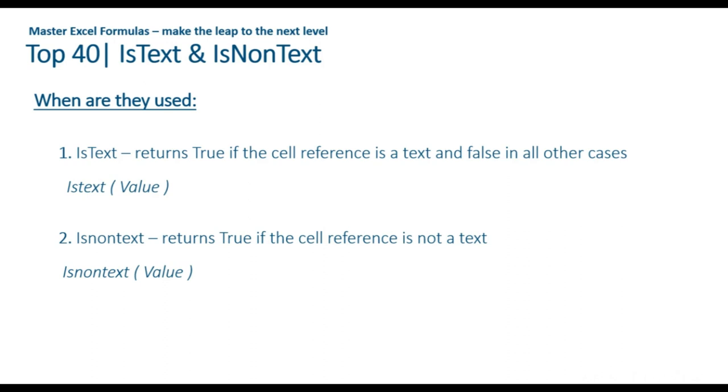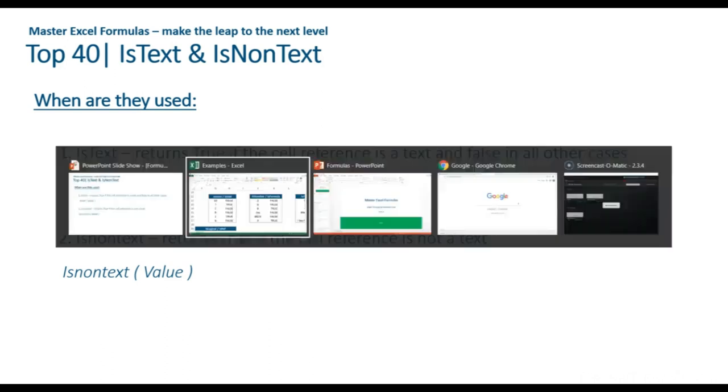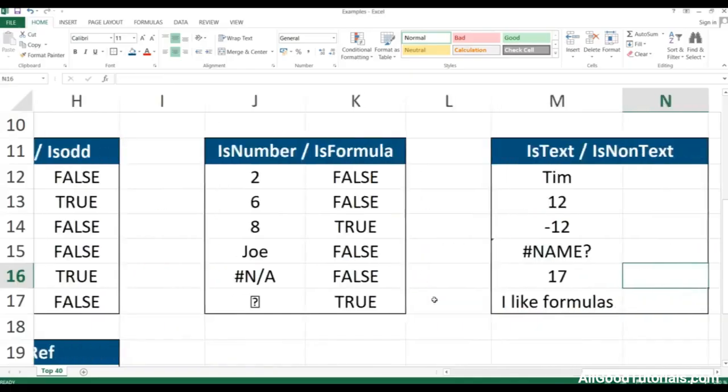Is text returns true if the specified value is actually text. If it's not text, it's going to return false. The is non-text does exactly the opposite. It returns true if the specified value is not a text, and false in all other cases. Okay, so the example is here.